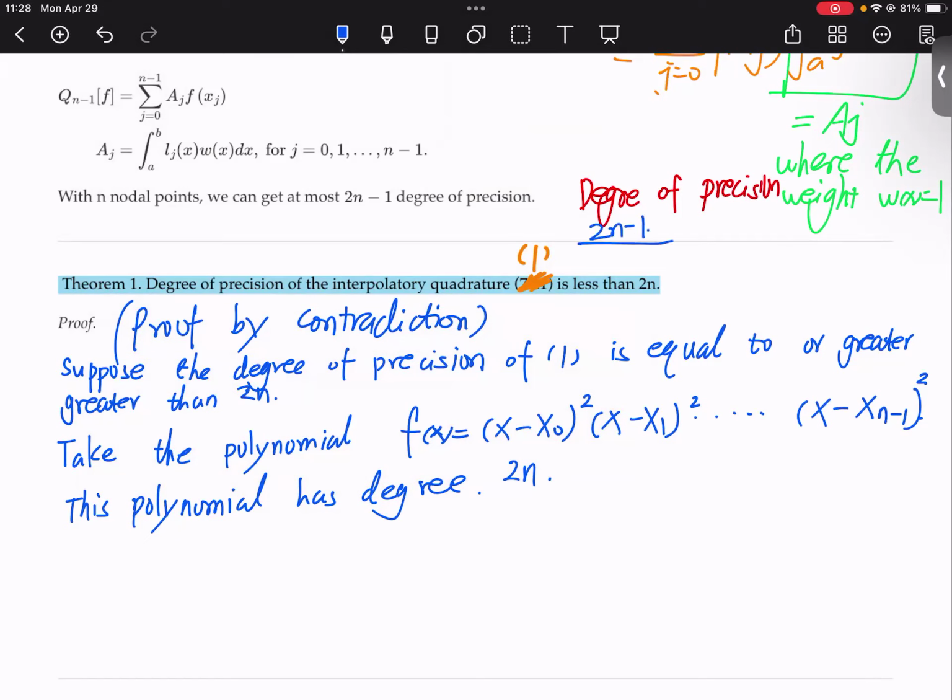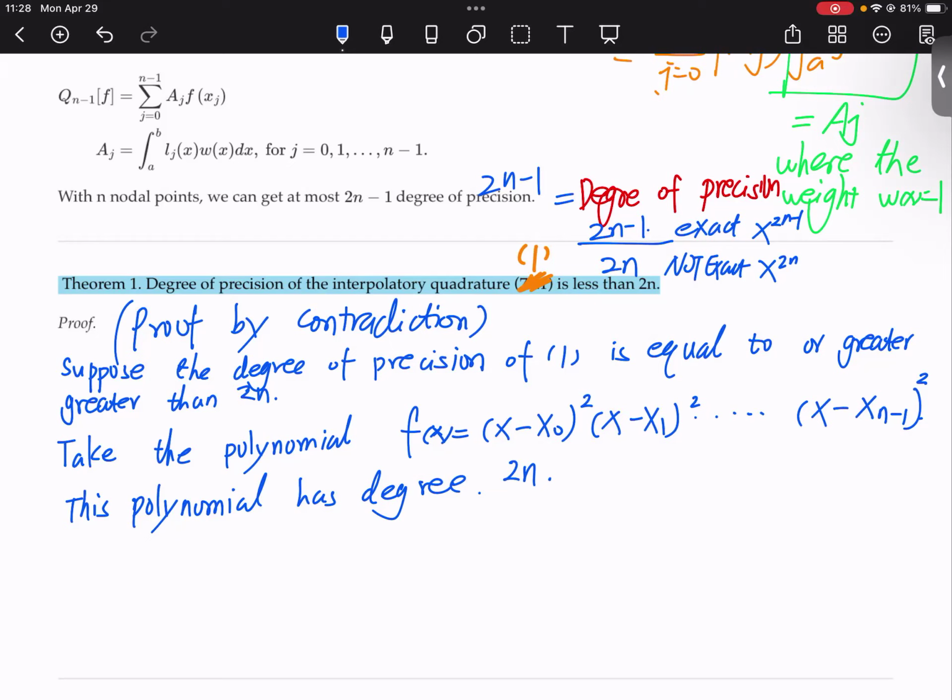If the degree of precision is 2n minus 1, then the rule is exact for x to the 2n minus 1, but for degree 2n it should not be exact. This is the definition of degree of precision: exact for polynomials up to degree 2n minus 1, but not exact for a polynomial of degree 2n. And now we have such a polynomial of degree 2n.